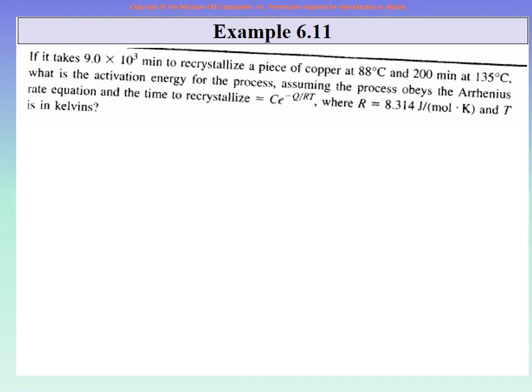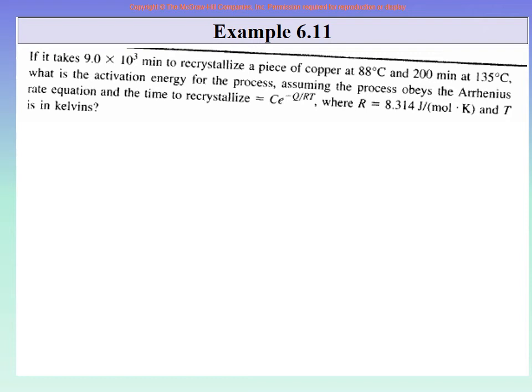If it takes 9 into 10 raised to 3 minutes, 9,000 minutes, to recrystallize a piece of copper at 88 Celsius, so if we keep the furnace temperature at 88 Celsius, then it takes 9,000 minutes. Second, and 200 minutes at 135.